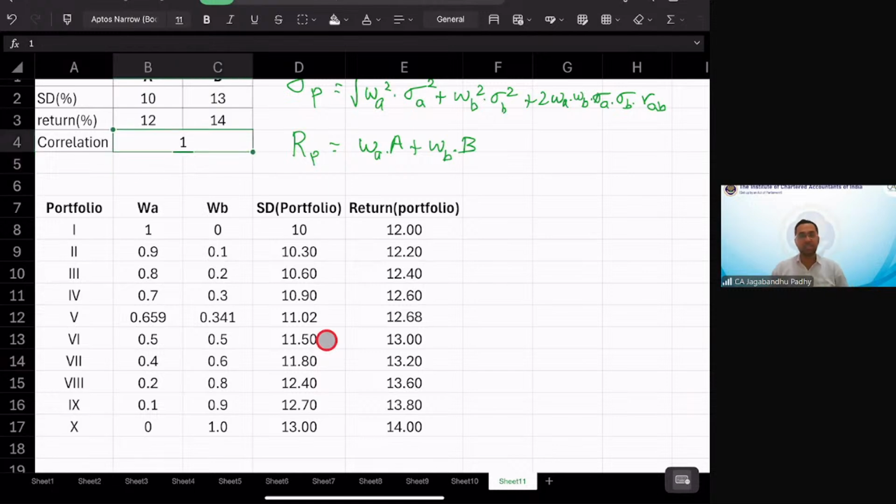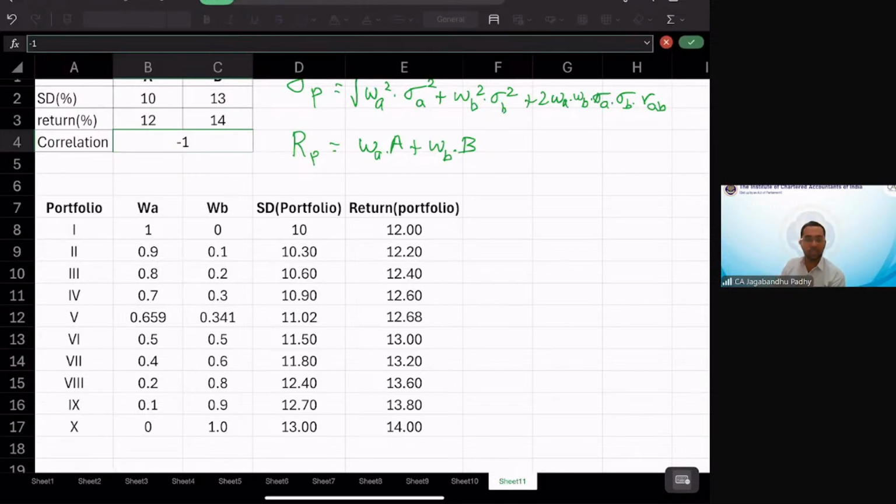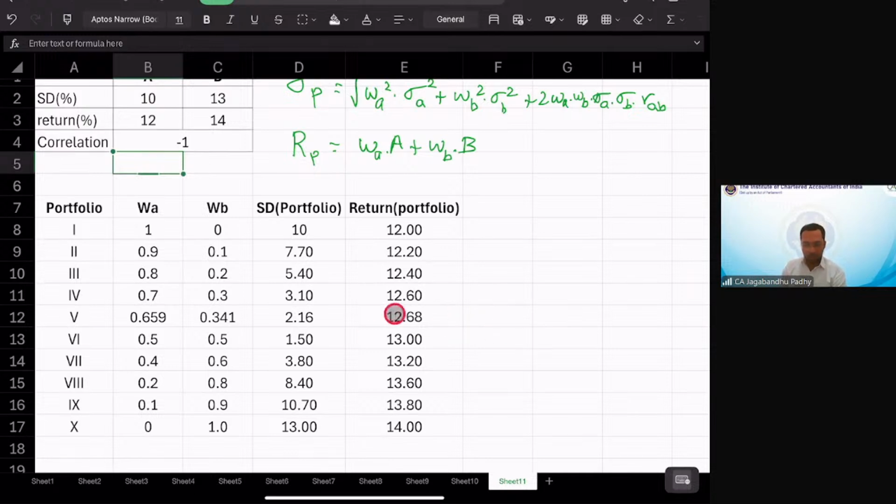So risk reduction of a portfolio is possible only if the correlation is lesser than 1, and the lower the correlation, the more possibility for you to reduce it. For example, if I take the correlation as -1, you can see the portfolio risk gets reduced substantially to just 1.5, or maybe even lower if it takes some other weightage.